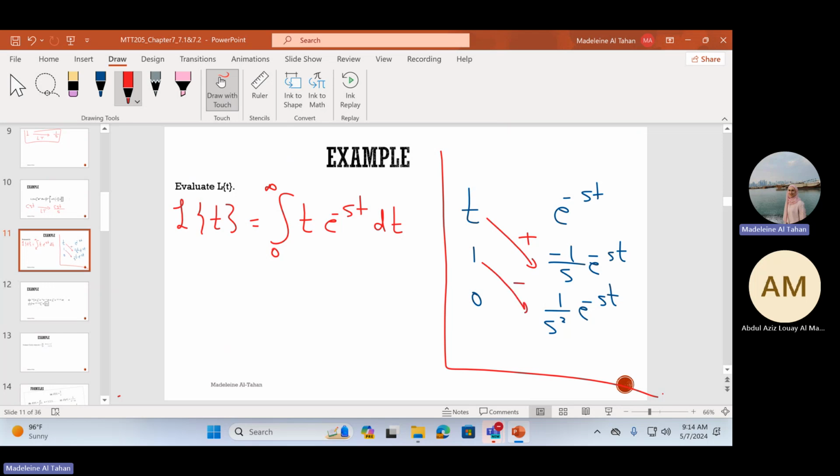Plus, minus. What will be the integral now, miss? e minus st over s, minus 1 over s squared, e minus st between 0 and infinity. Again, it's not between 0 and infinity. This infinity we are getting by its limit as it tends to infinity.